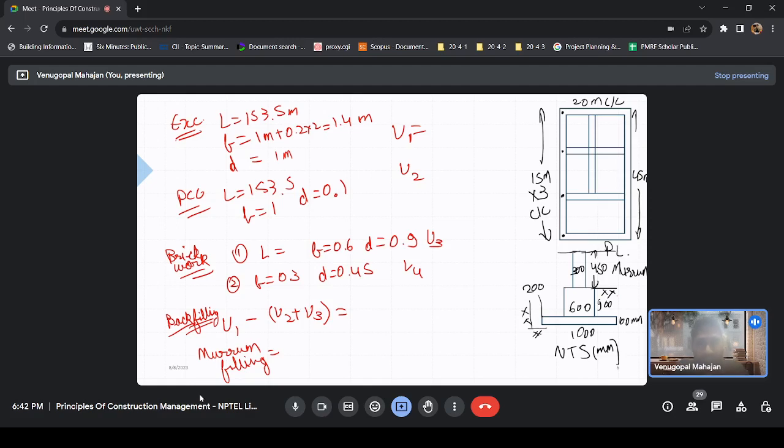Just this one part. Okay, let me ask you again. Is the length calculation clear to you guys, or should we repeat it? No, it's fine. Okay, so Muram filling. How would you calculate it? It is again volume, right? 450 mm depth, you have to fill above ground level.